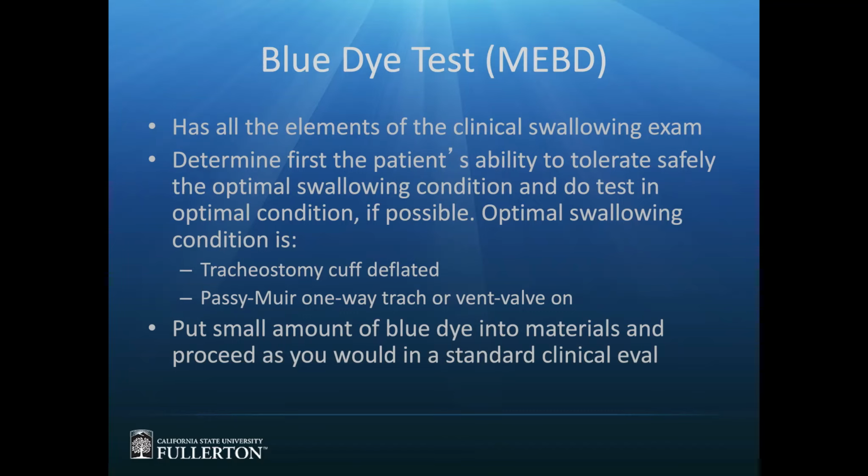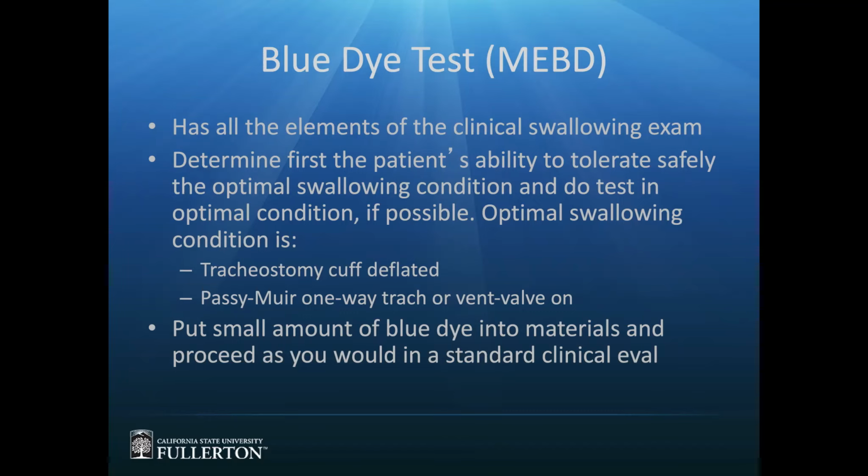And before we start giving them blue things to swallow, what we want to do is assess them a little deeper to see if we could get the patients into the optimal situation for swallowing. So very often you get an order for a swallowing evaluation on a patient who has a cuff inflated tracheostomy tube, and they're either on a vent or not, but the cuff is inflated and they don't have a speaking valve.